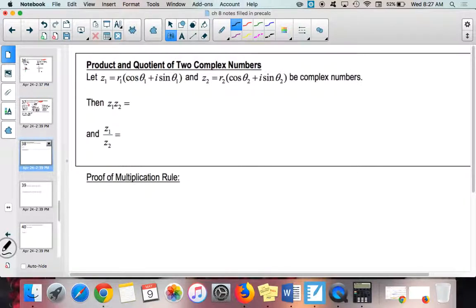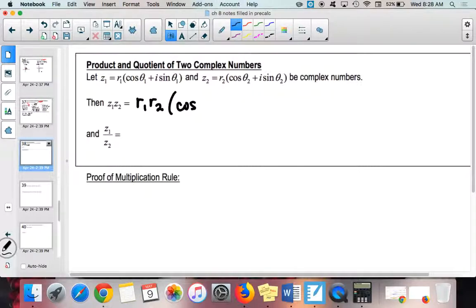So let's look at this product and quotient of two complex numbers. If you have two complex numbers, z1 and z2, and you want to multiply them together, it's really, really easy. All we do is take our r values, our radius values, the modulus, remember? And we multiply those, r1 and r2. And then in parentheses, I still have a cosine plus i sine, but the angle is not those thetas multiplied together.